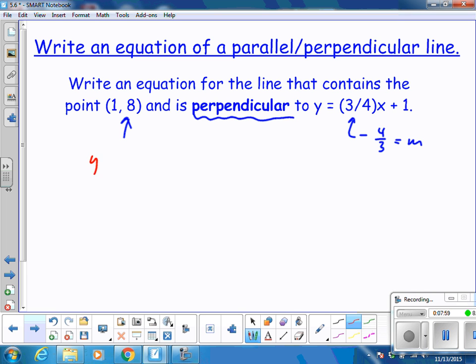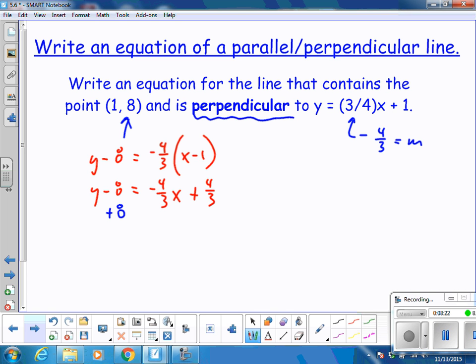Let's try it. So y minus the 8 I know, equals my slope that I know times x minus 1. y minus 8, distribute this, and plus 4/3.